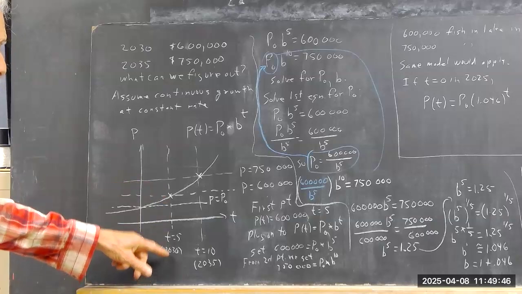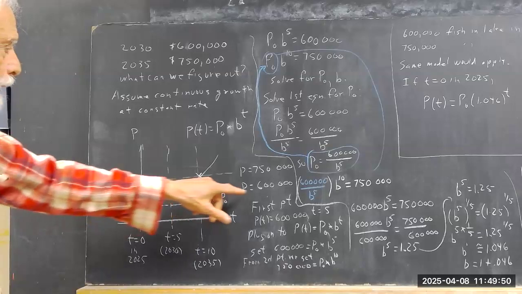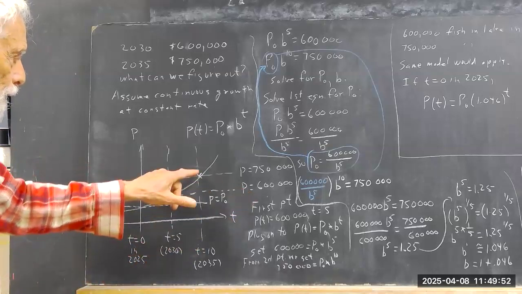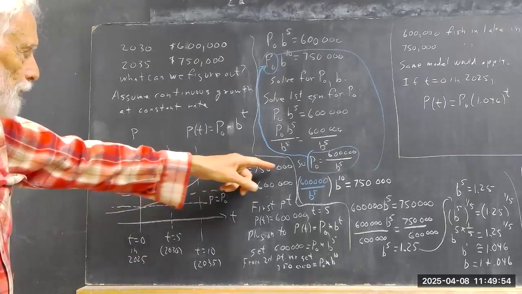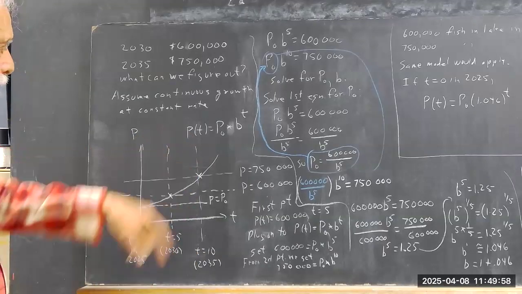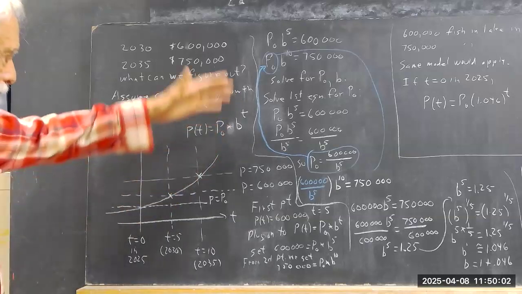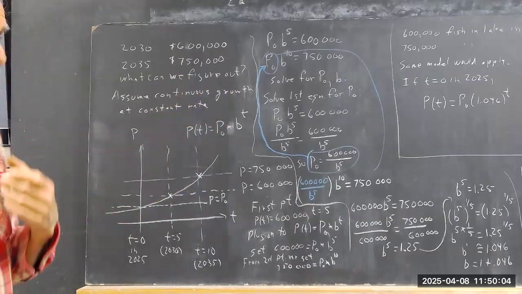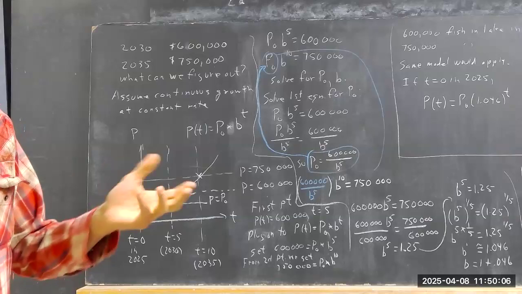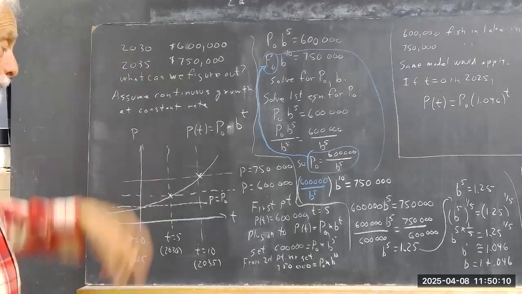Where's this point? That point goes with t equals 5 and p equals 600,000. This point goes with p equals 750,000 and t equals 10. So we have 2 points on the graph, and then I sketch what might be an exponential curve. I don't claim that it's a really good exponential curve, but it kind of looks like it.